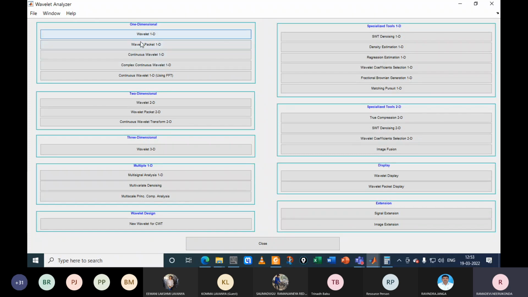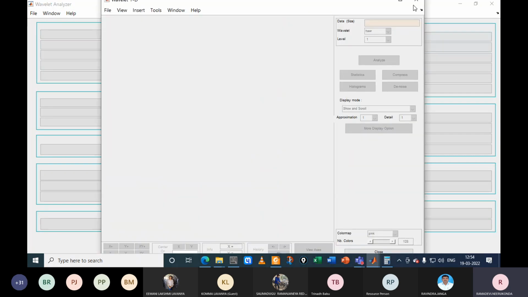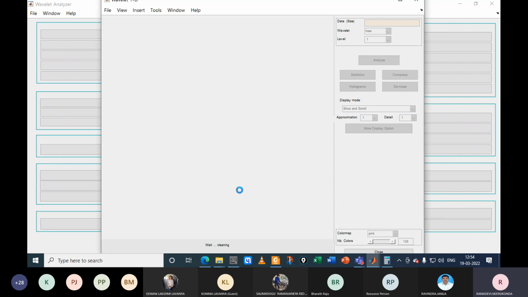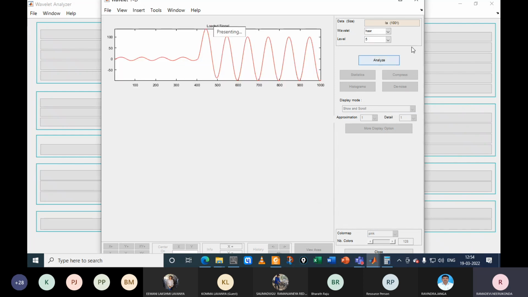So for one-dimensional signal of wavelet, we open this. File, import from the workspace, import signal. So we require IA1, IB, IC, like that. So we have different currents. So let us take the current of IA. Okay, so the IA current is this.